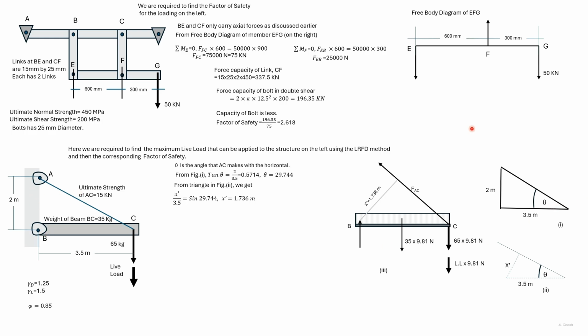So we get the angle using tan theta, which we get as 29.744. Now in here we have the angle now, and this is 3.5, so we can get x dash. So we get x dash is equal to 1.736 meter.